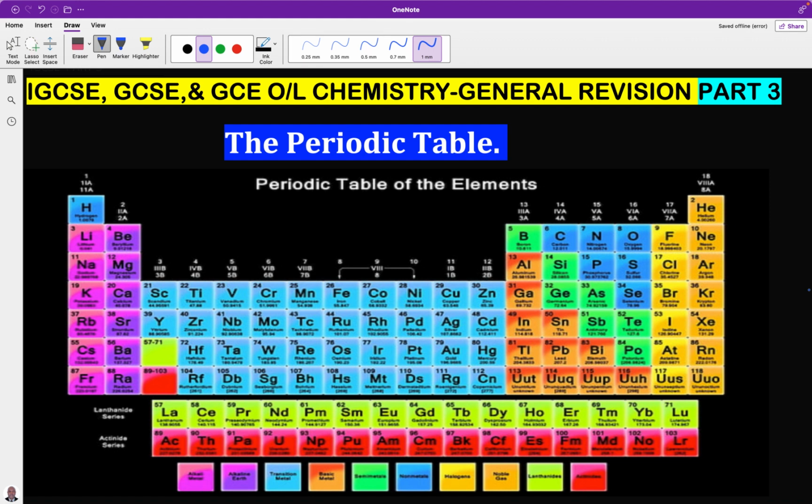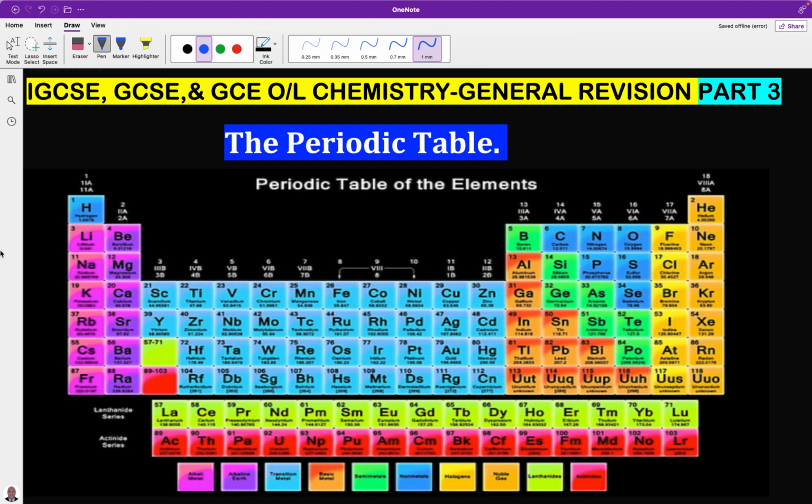It should be noted that across period 2, that is from lithium to neon, and sodium to argon, across periods 2 and 3, there is a gradual change from metals on the left-hand side to non-metals on the right-hand side.